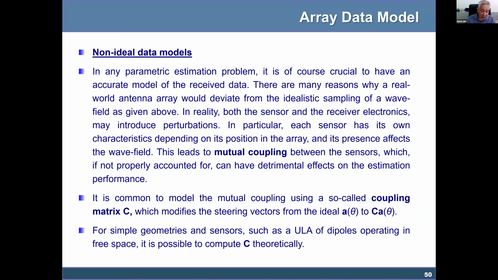You transmit a signal that you perfectly know, and you measure the response of the array. And what you measure takes into account all the non-ideality, because it's what you measure. So it takes into account everything, and in particular, it takes into account C. So in other words, you measure the array response experimentally. Once you have the measured array response, you use it to process the signal collected during the normal operational period.